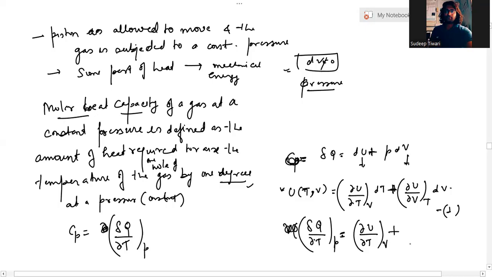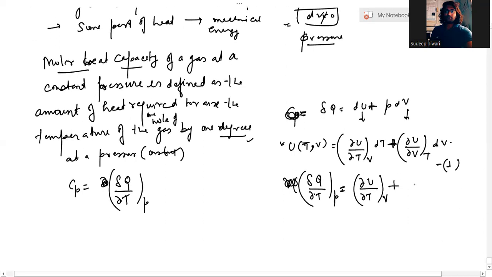So I'll write it here: plus P dV, but there is a dV here also. So some internal energy term will come here with d, and this will come as dV.